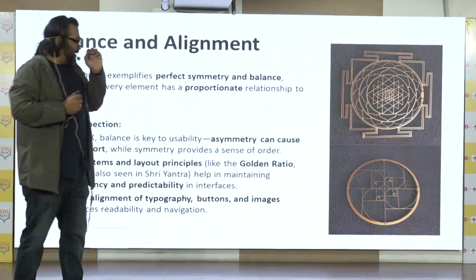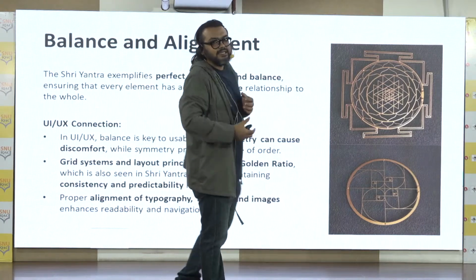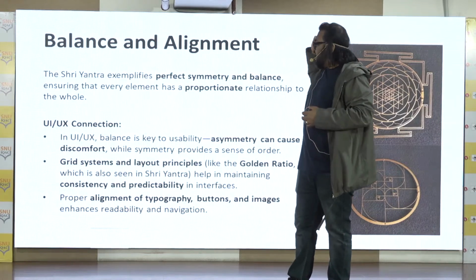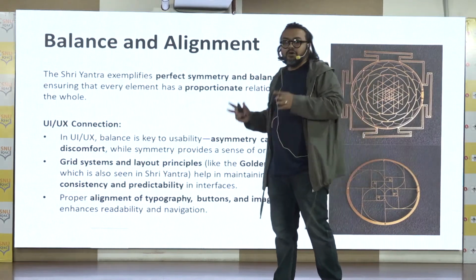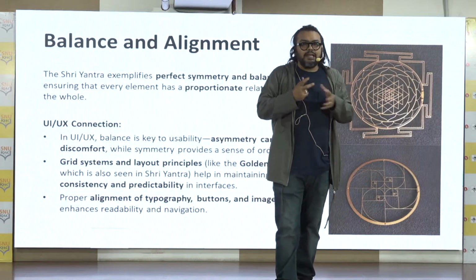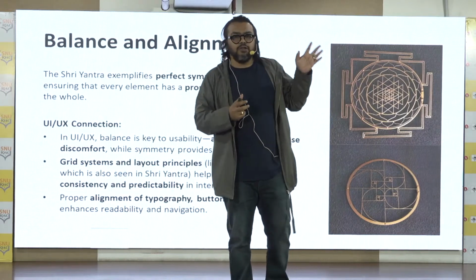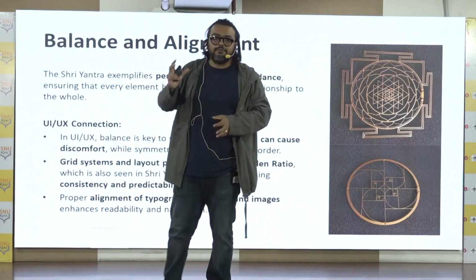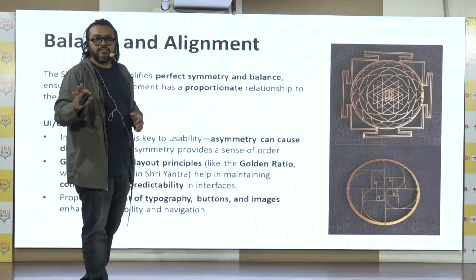But understanding balance, why it is key essential for a designer, is in every UI UX, it is based on a grid system or a layout. If the balance is wrong, your entire design, no matter how wonderful your color selection is, how wonderful your fonts are, if the design is off-centered or not balanced, it's not a good design.